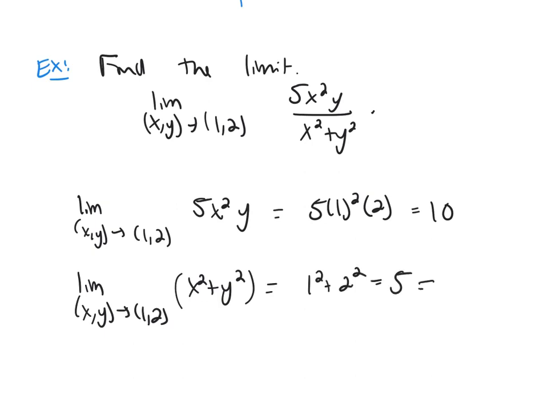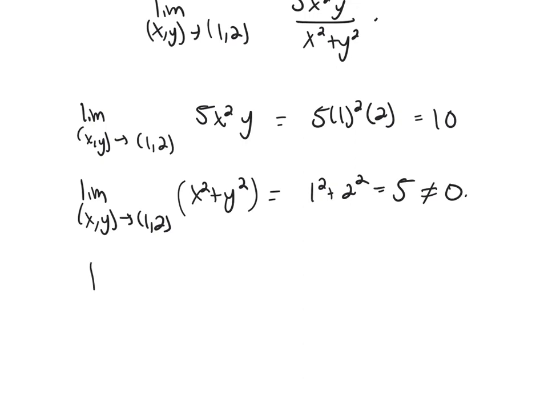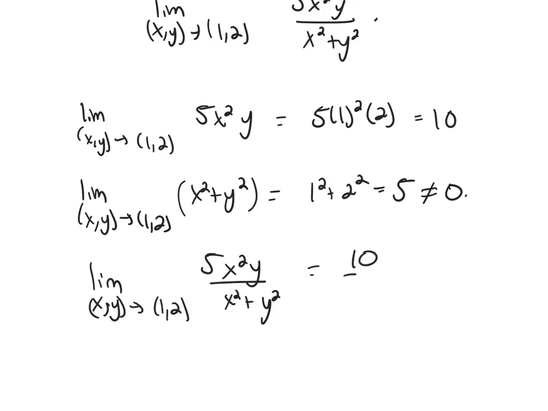And what's important is that the denominator limit was not 0. So then, because we didn't get 0 for the denominator in this rational function, we can now split up the limit into the limit of the top and the limit of the bottom, which was 10 over 5, or 2. And there is my limit.